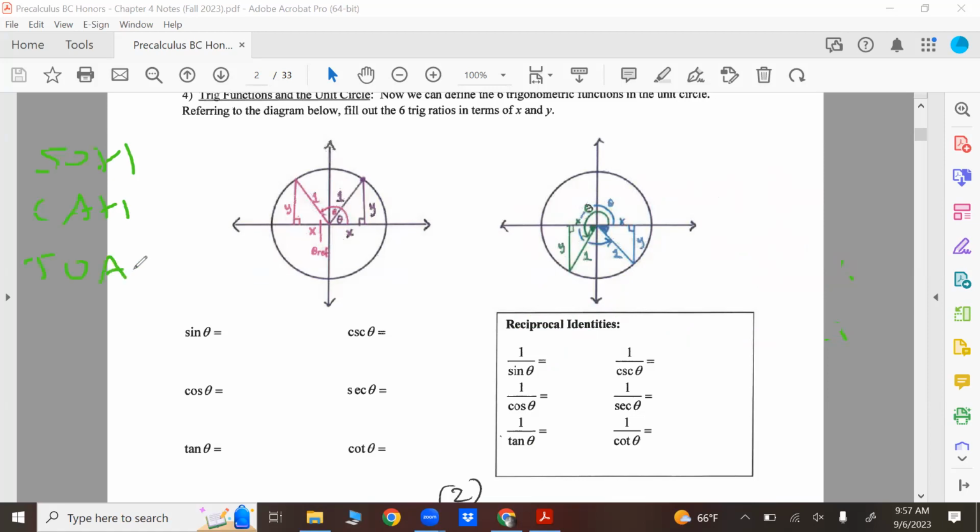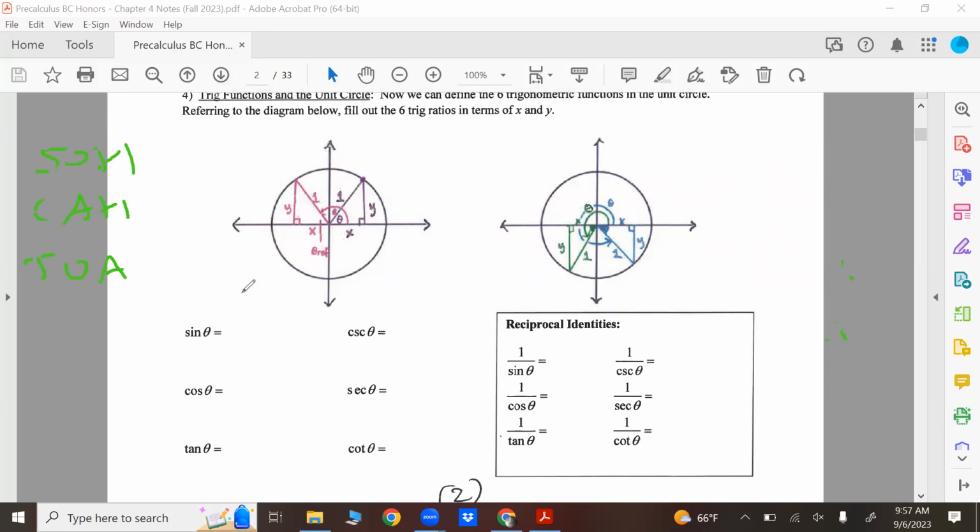You could have your own acronyms too. Does anyone have an interesting acronym they want to share about SOHCAHTOA? The way I learned in 6th grade: Oliver has a heap of apples. Not sure that makes sense. When I was 11 years old, it made sense to me. So 34 years later, there we go. But opposite over hypotenuse, adjacent over hypotenuse, opposite over adjacent.